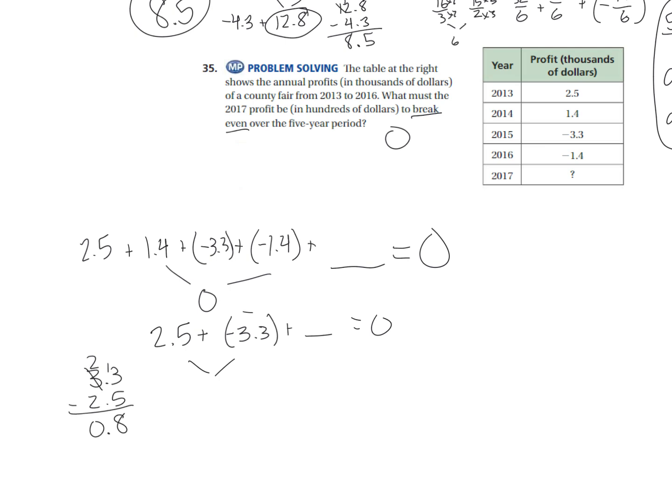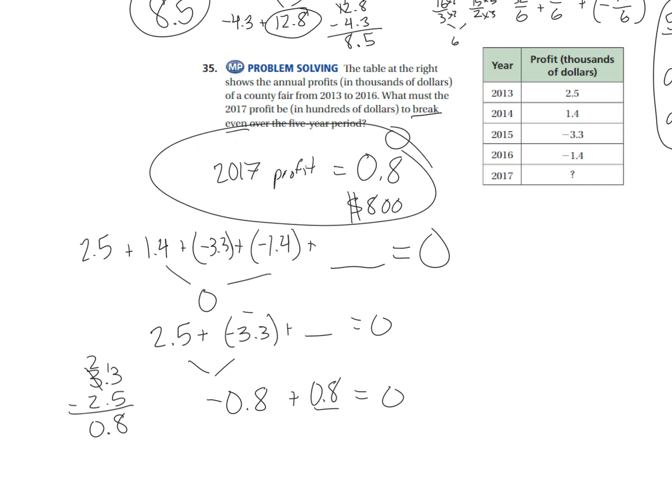The negative one had the greater absolute value, so this is going to be negative 0.8 plus some number 0. I'm going to think, what number do I have to add to negative 0.8 to get back to 0? Well, it's its opposite, or its additive inverse, which would be positive 0.8. So the profit in 2017 is going to need to be 0.8 or $800. There we go.